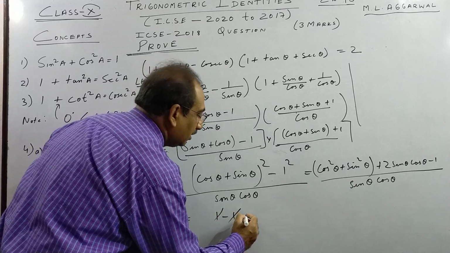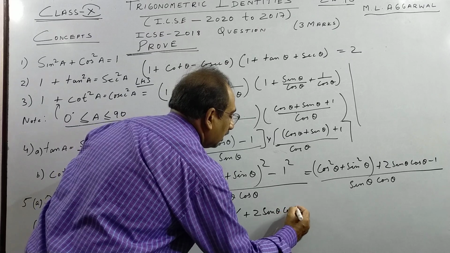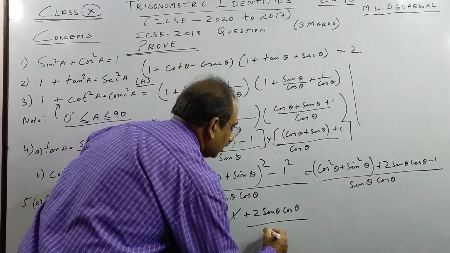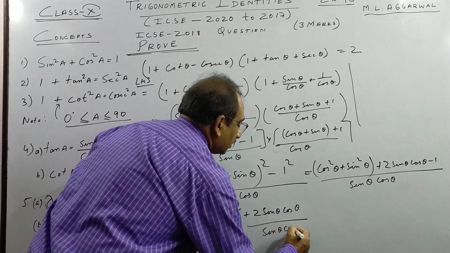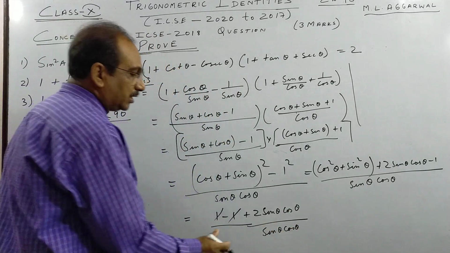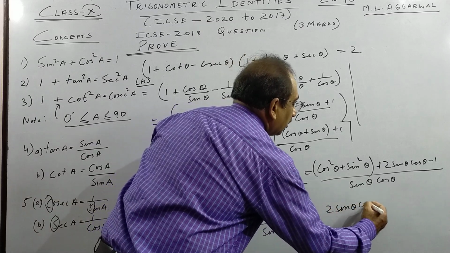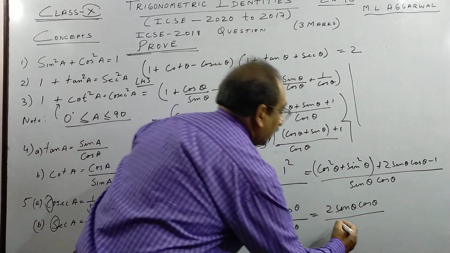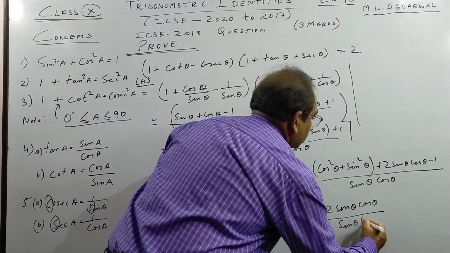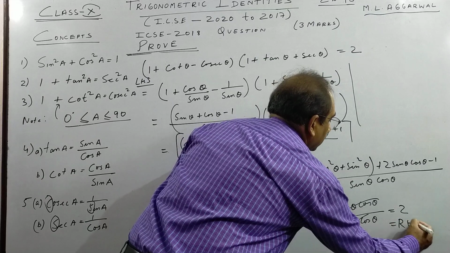This will cancel. We have 2 sine theta cos theta by sine theta cos theta. Since we have done plus minus, that's why I am not cancelling. So next step I will cancel. Sine theta cos theta by sine theta cos theta will cancel and I'll get 2, which is my RHS.